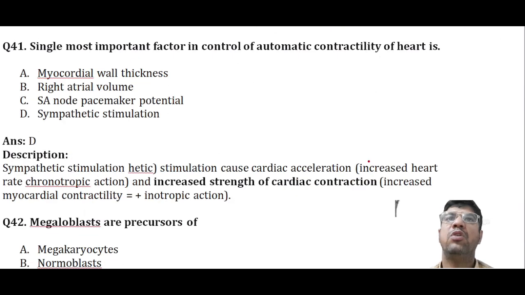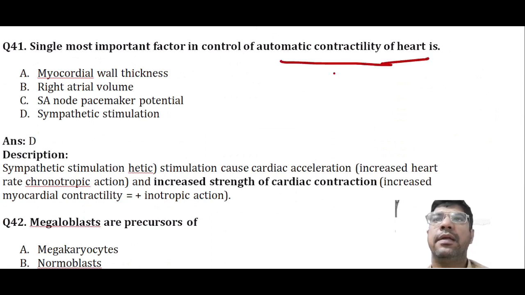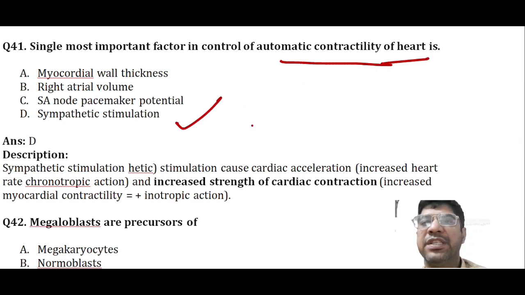The single most important factor in control of automatic contractility of the heart is sympathetic stimulation. Think of the heart as a pump that pushes blood throughout your body. The heart needs to adjust its speed and how hard it pushes depending on what you are doing.